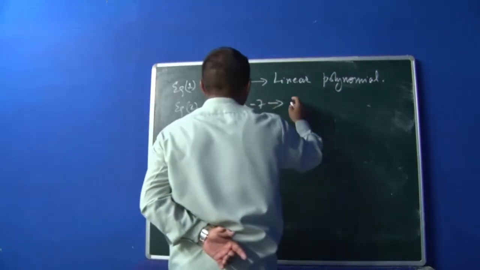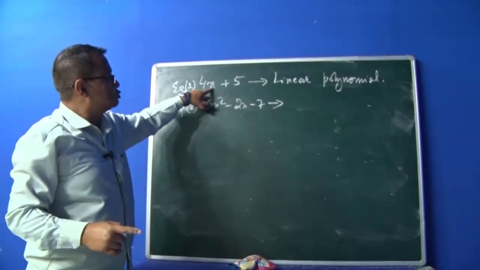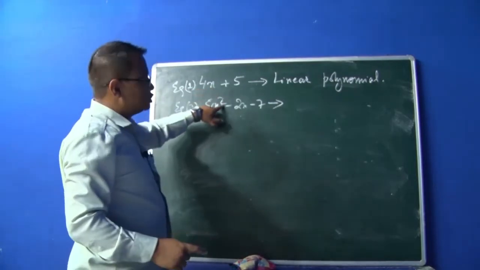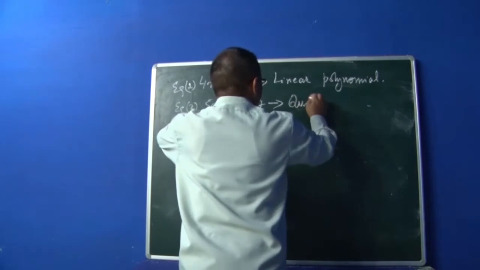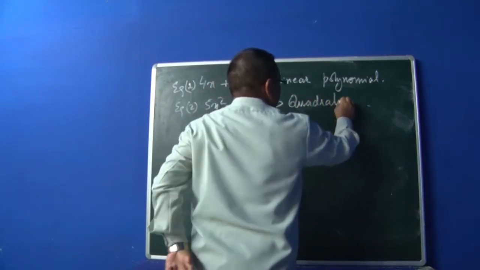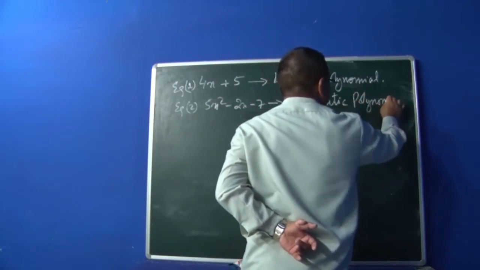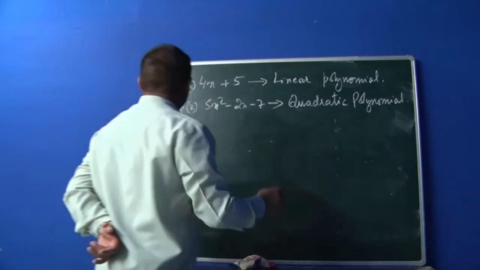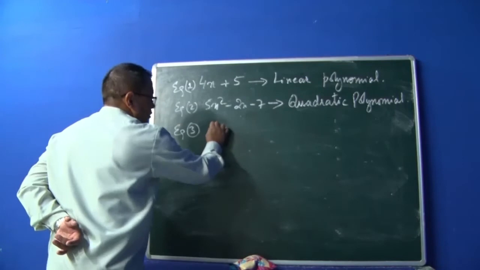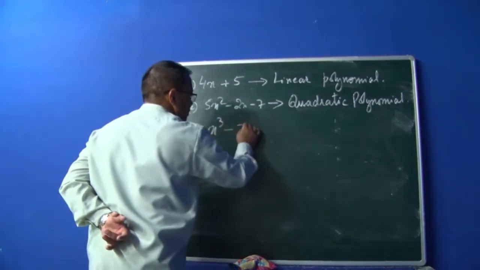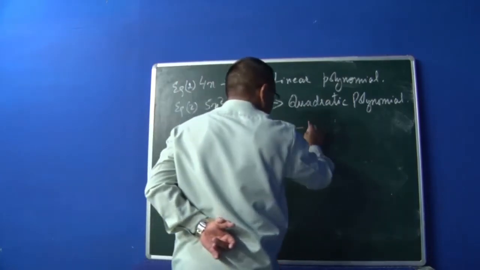Here this one we got a power square, which is the highest power. And here the degree is square. So the highest power, we call it quadratic polynomial. Okay? Then we can take another example 3, x cubed minus 7x squared plus 3x minus 1.